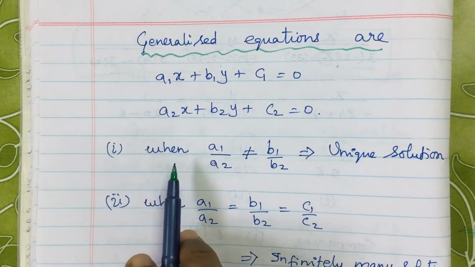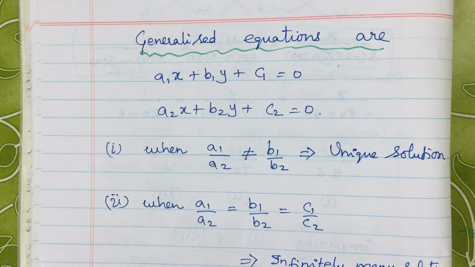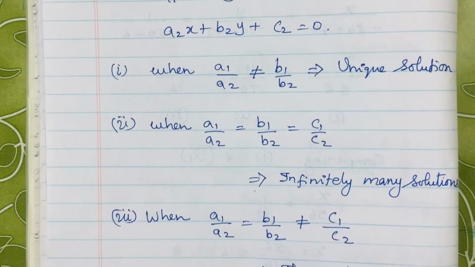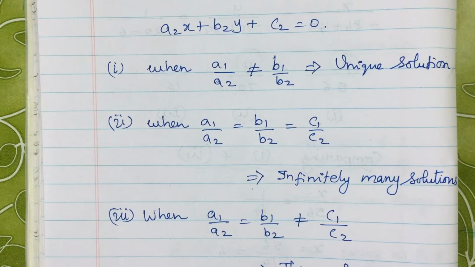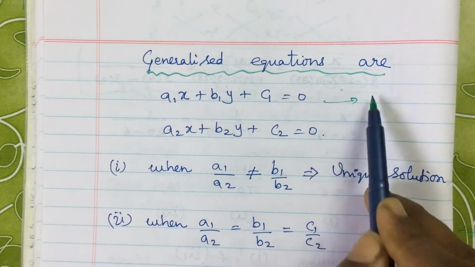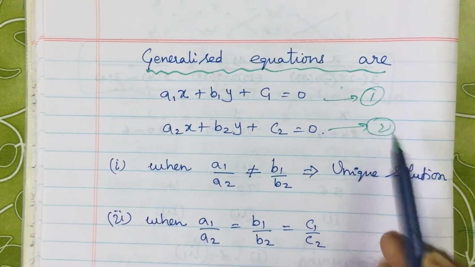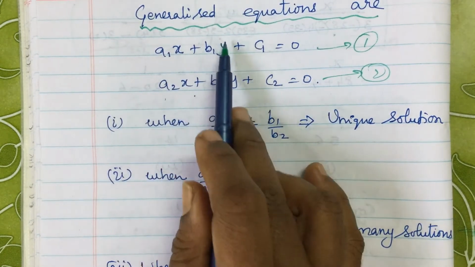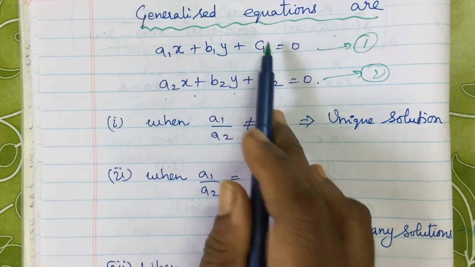So you have three conditions to find out the nature of the solutions for a given pair of linear equations. So you are given with two equations like this, 1 and 2.